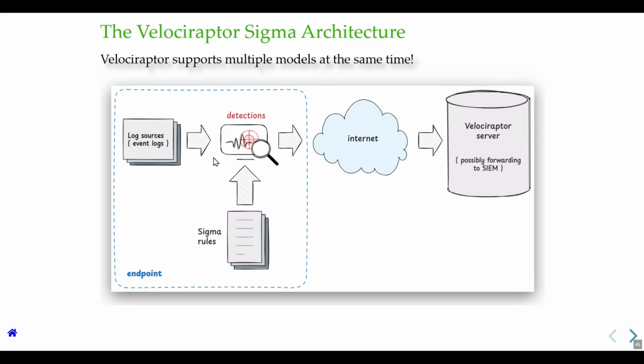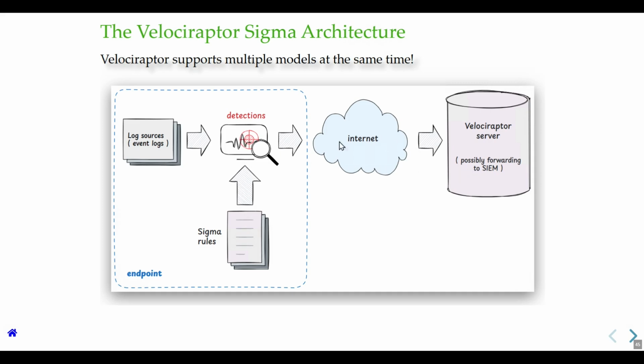So we might have 1 million log events coming in here, and then we might only detect 50 detections and forward them. So you can see that already we're reducing our data use. We are only forwarding those logs that are significant, mean something, and actually match the Sigma rules that we are looking for.